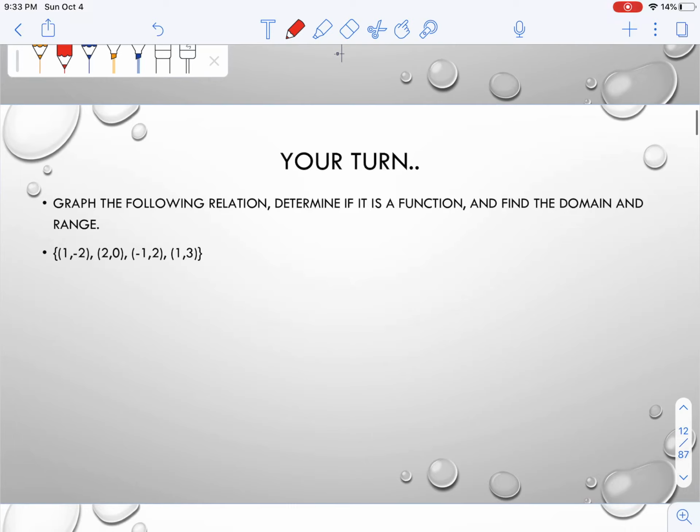I have a couple of these in here where you would determine whether something is or is not a function, and find the domain and range. I'm going to do it real quick, but I want you guys to try this on your own as well.